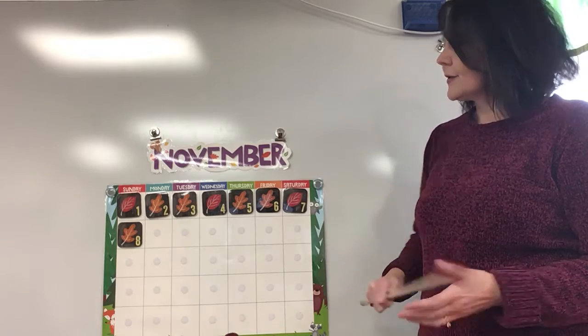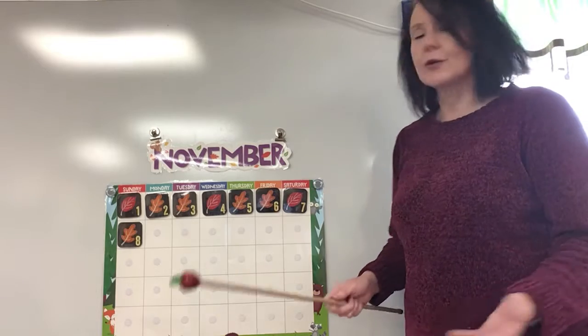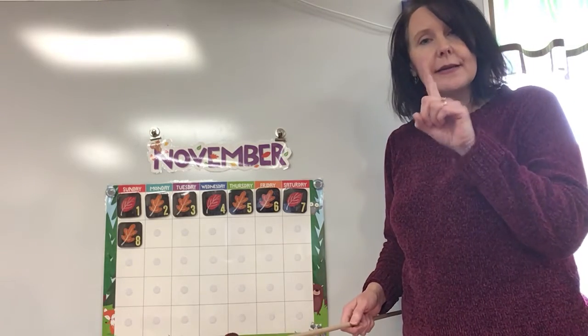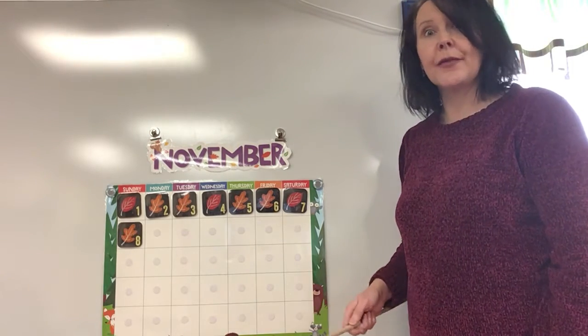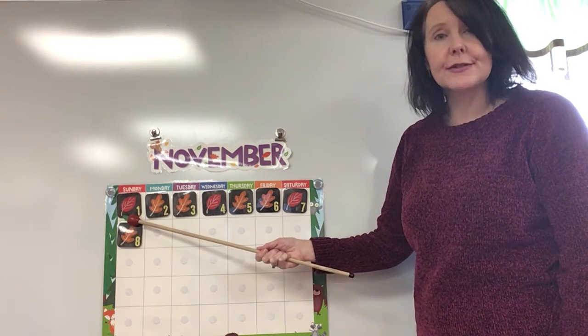Okay? So why don't we find out how many days so far in the month of November? Of course, we're always going to start with the number 1. That's the first number in each month. So here's November 1st, it's a 1.